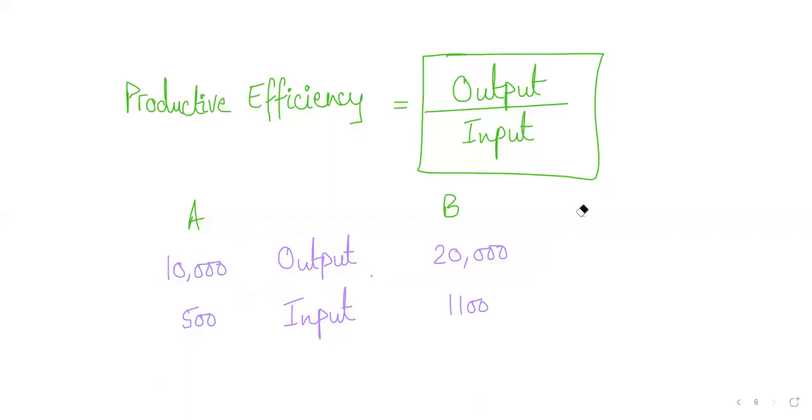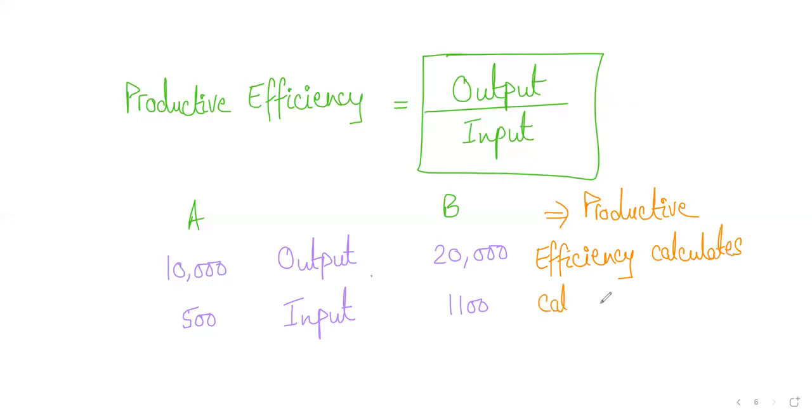The simplest definition of productive efficiency is: productive efficiency calculates the quantity of output that a business can produce against each unit of input.